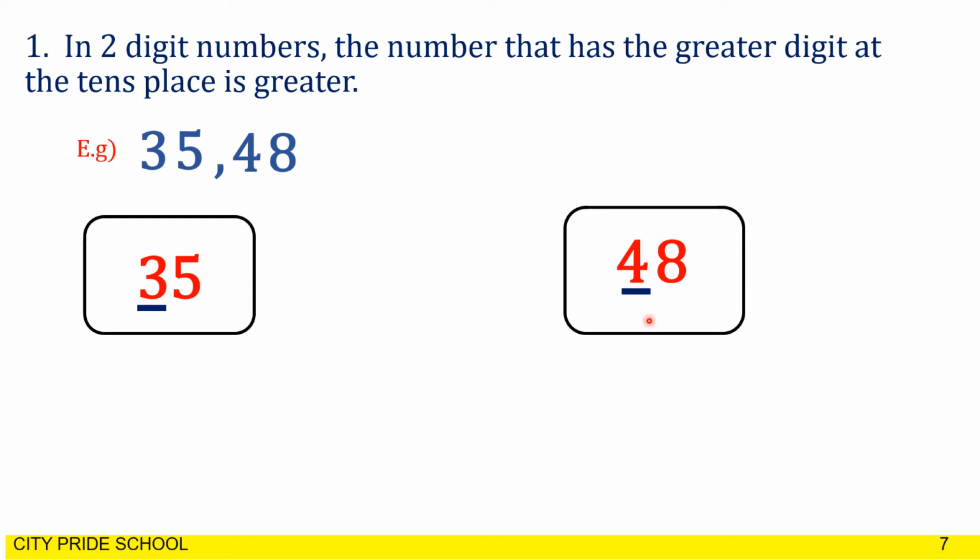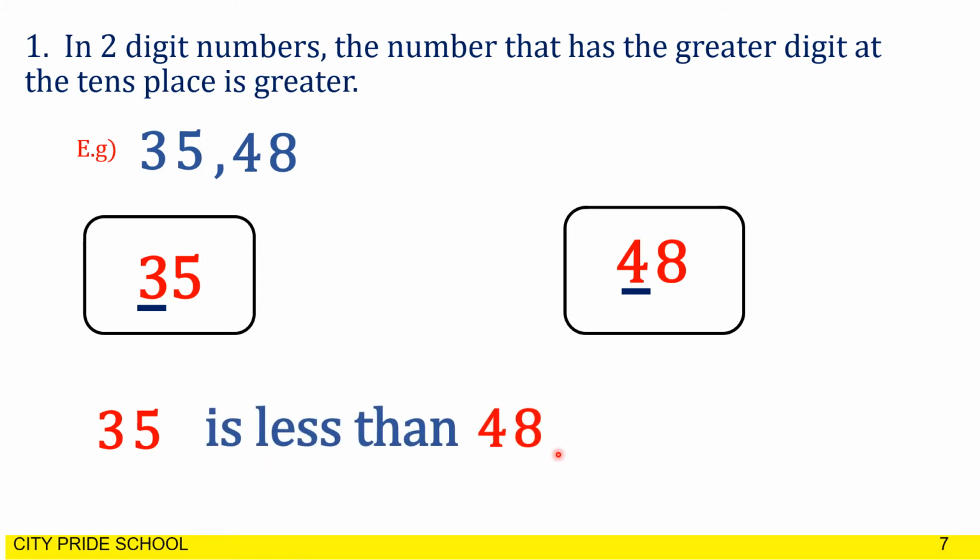Now tell me children, 3 is more than 4 or 3 is less than 4? Correct. 3 is less than 4. That means 35 is less than 48. And what is the symbol for less than?